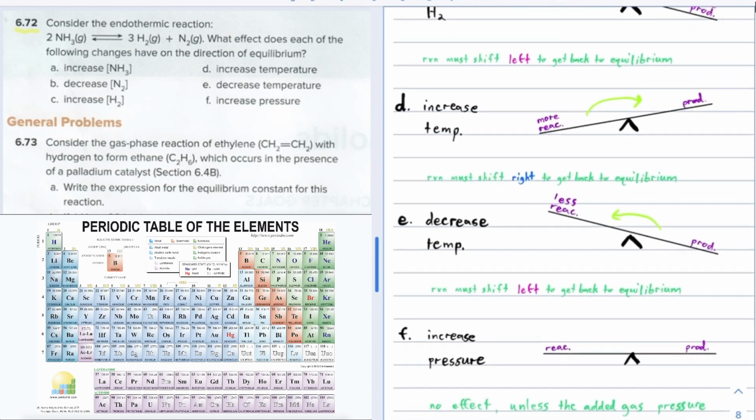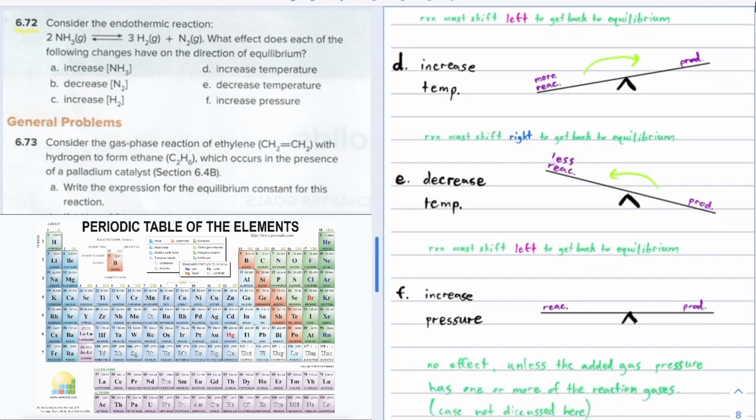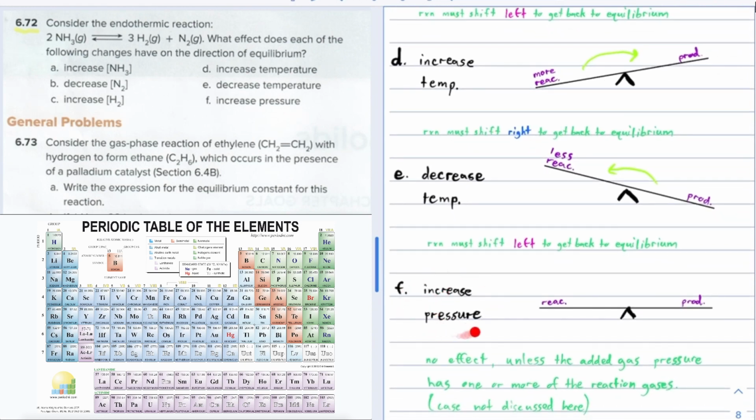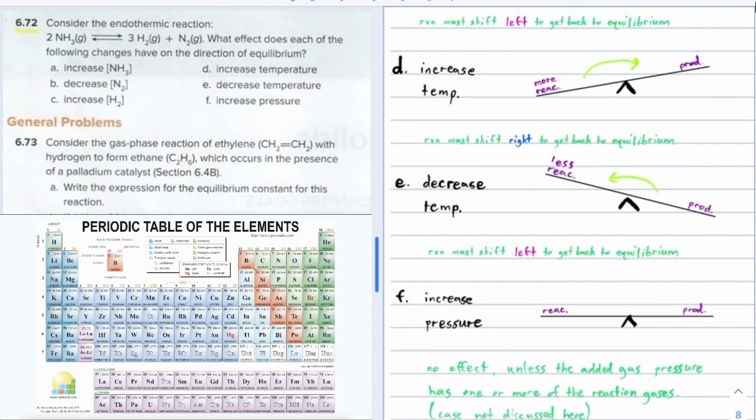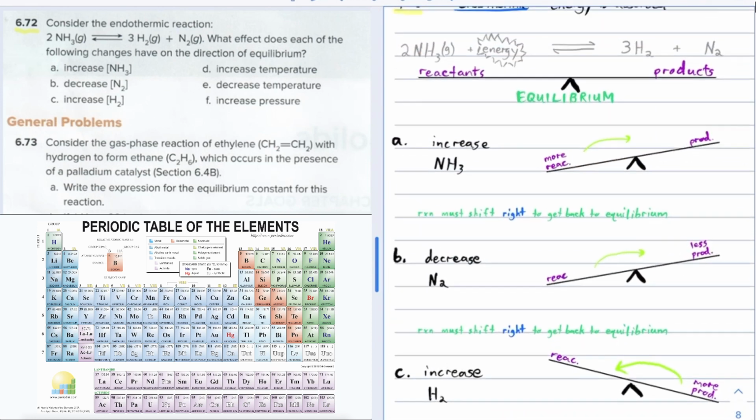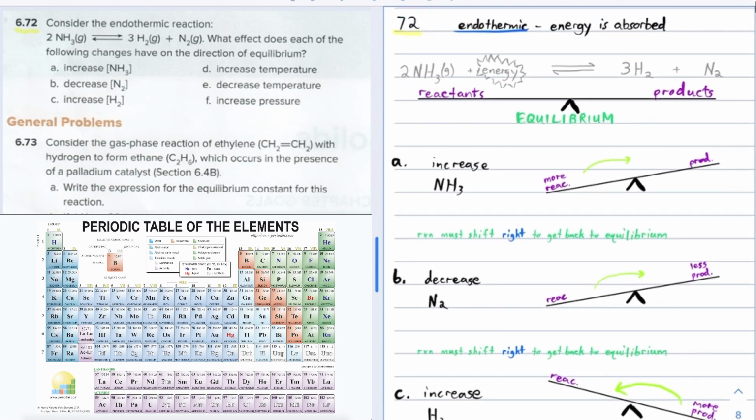Finally, the last one, increasing the pressure. Now, pressure is kind of tricky. It doesn't really affect this reaction. It's not one of the chemicals.